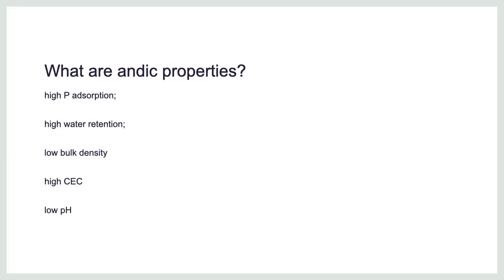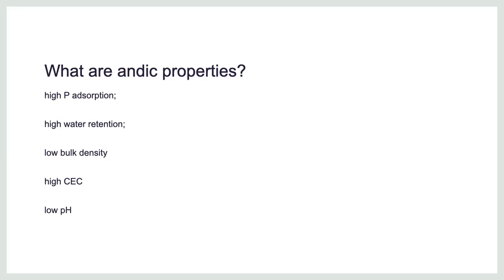Okay. Also, something quite interesting is that the pH of these soils is quite low. Okay, they are acidic. And why are they acidic? Because they release a lot of hydrogen during their weathering, okay? The release of hydrogen decreases the pH, and this acidic condition can be seen in this kind of soils.